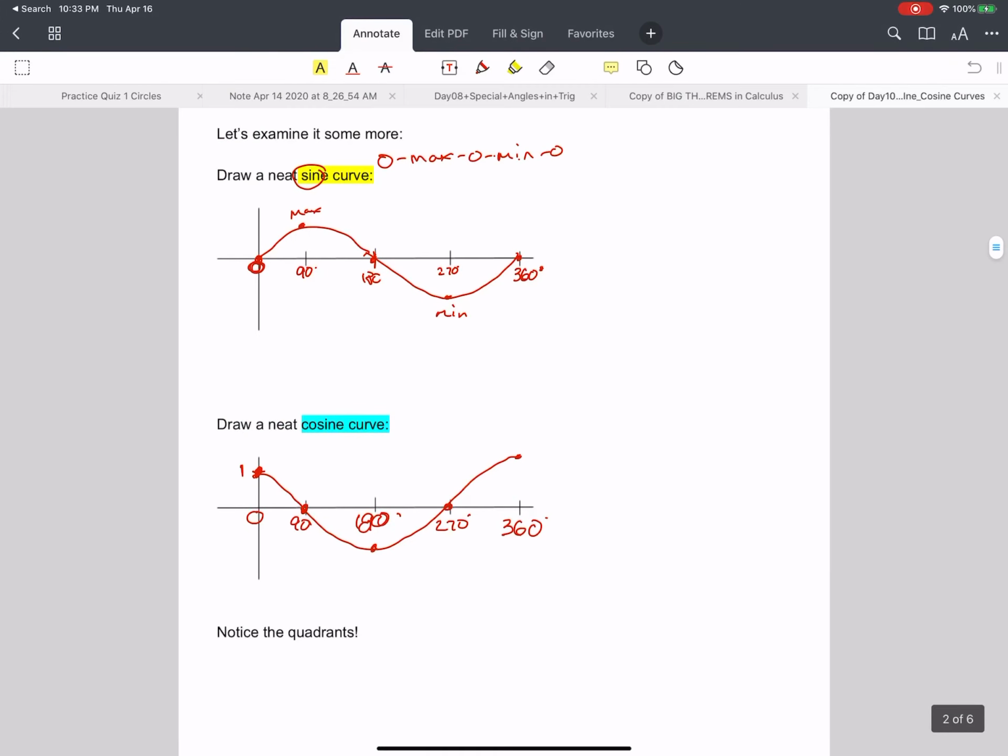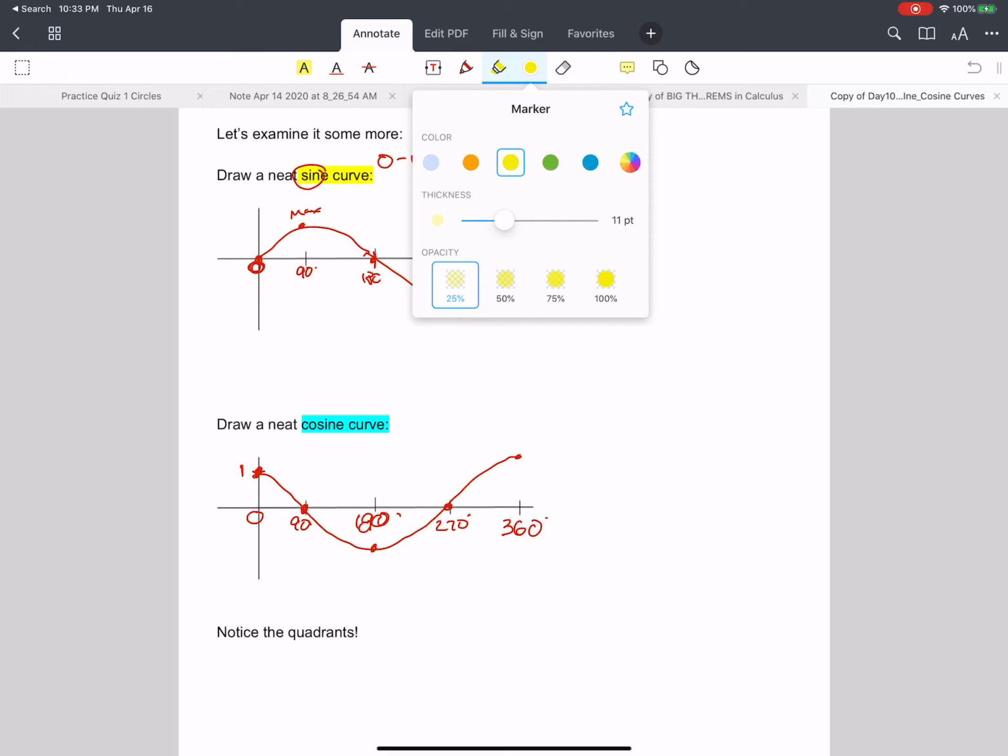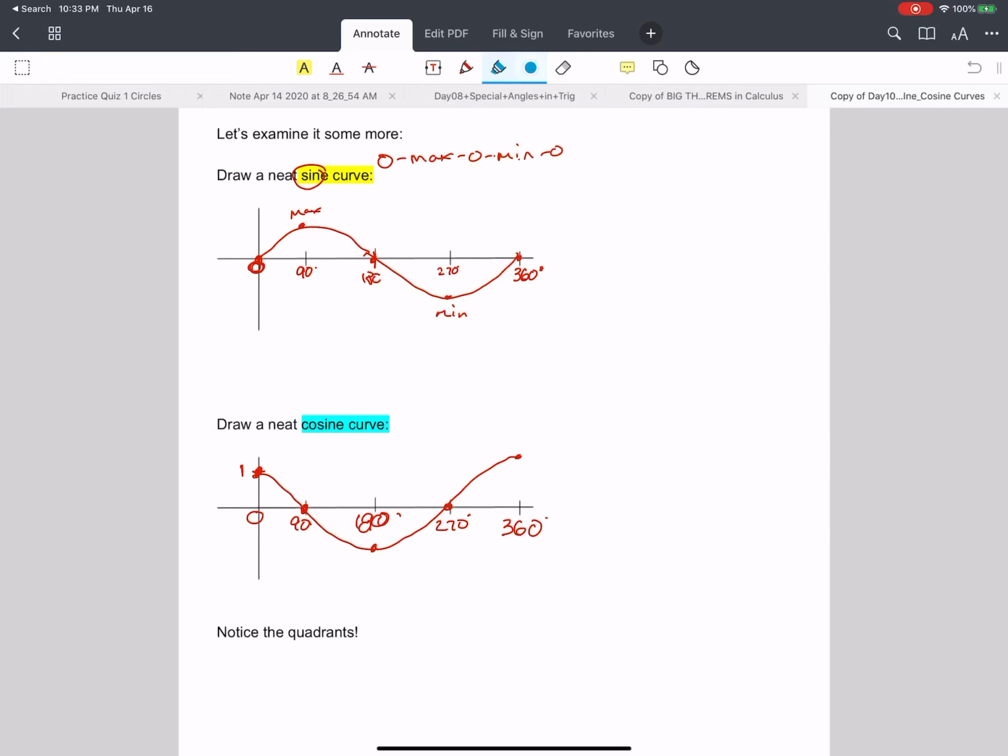Okay. Now let's talk about how beautiful math is. I am going to grab this and point out that right here, this is my first quadrant. Remember me telling you that? And this is the first quadrant here.